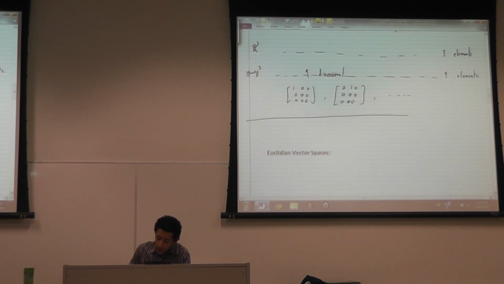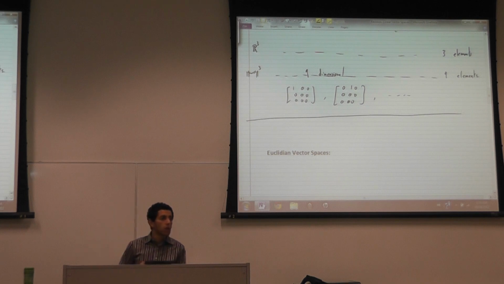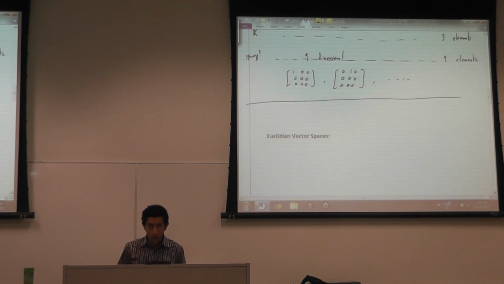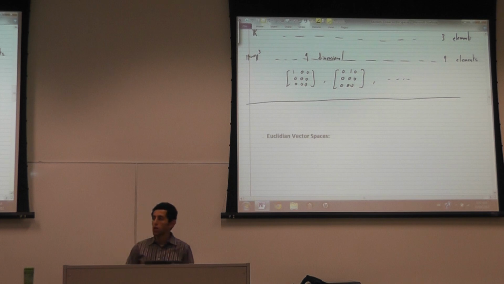So we've defined what a vector space is. Throughout any numerical method, we need to measure something other than adding vectors. What we need to measure is whether the displacement is a good approximation or not. So for example, you have a structure.